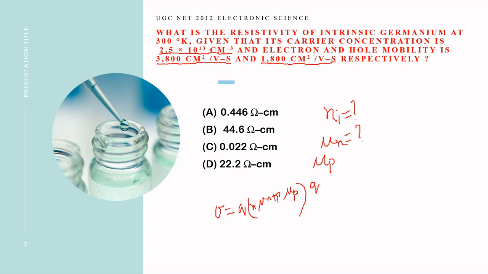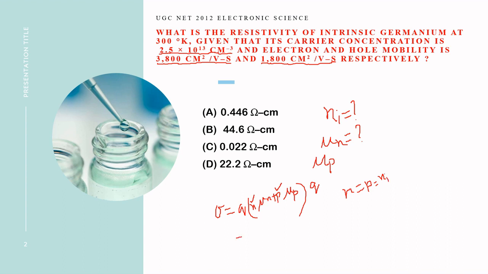If the carrier concentration is intrinsic carrier concentration, then the electron concentration and the hole concentration, that is N equal to P equal to Ni, the intrinsic carrier concentration.